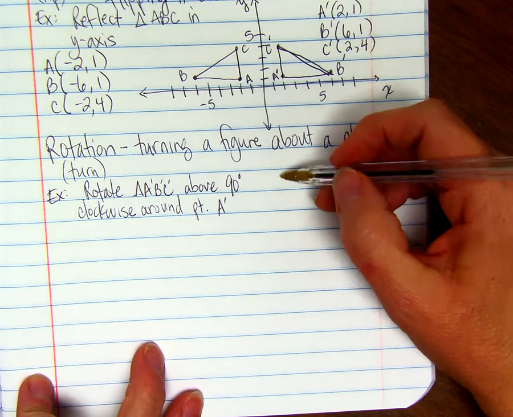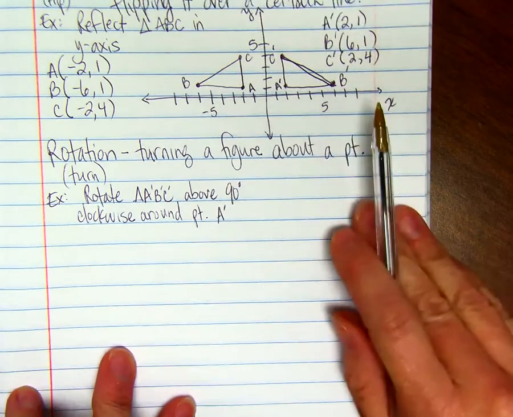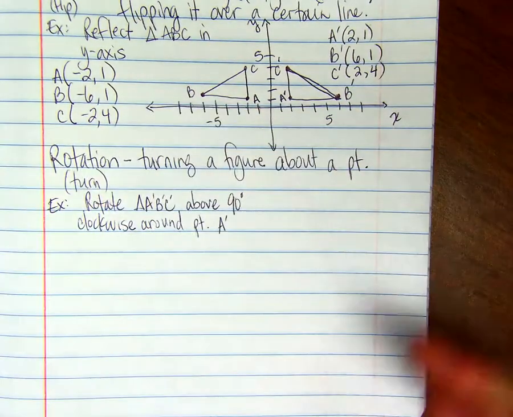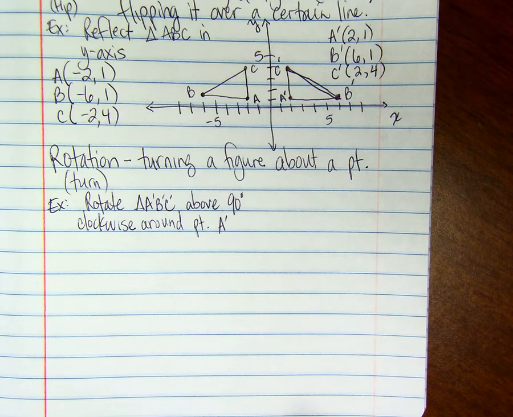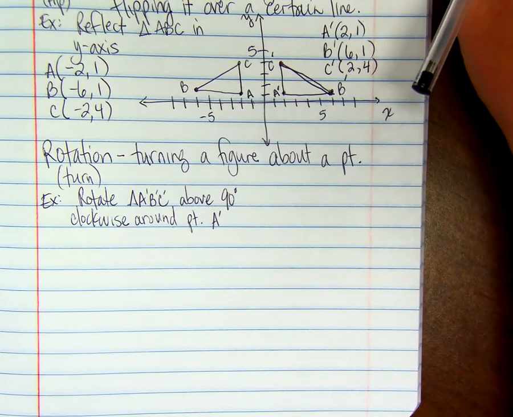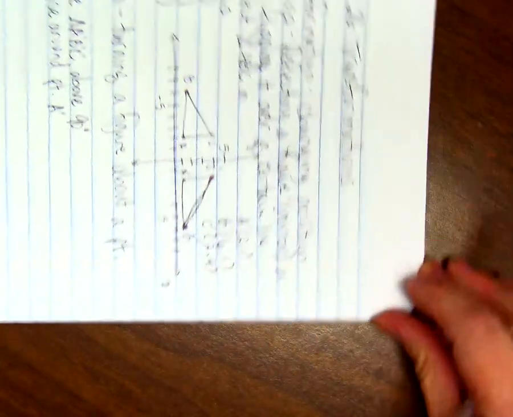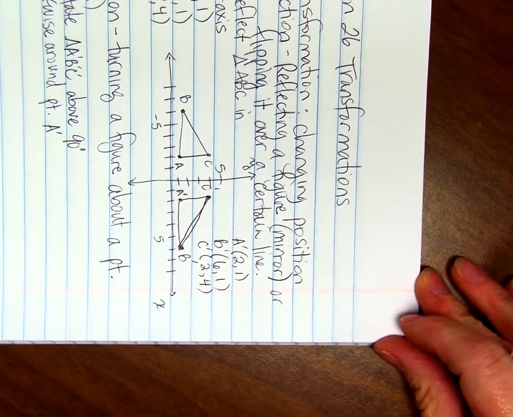So we're going to look at our picture up above. What I want you to do is just turn your entire notebook 90 degrees clockwise. I'm going to do it here on the video. So I'm going to turn it 90 degrees, which is going to look just like this.